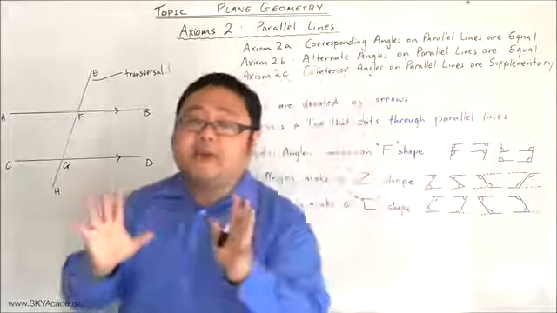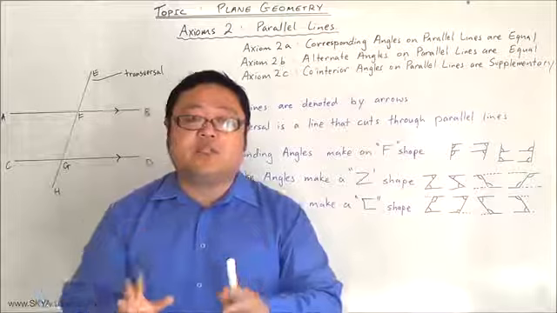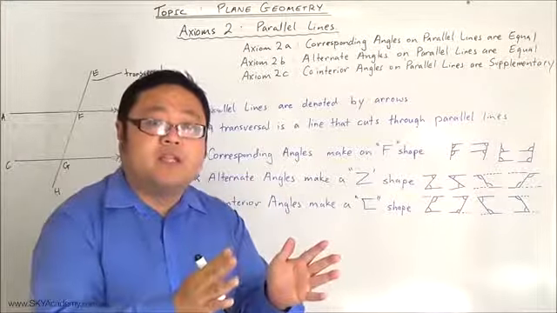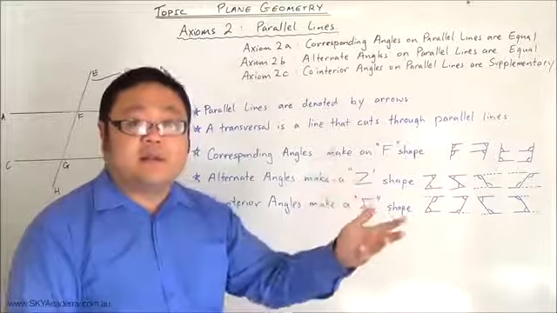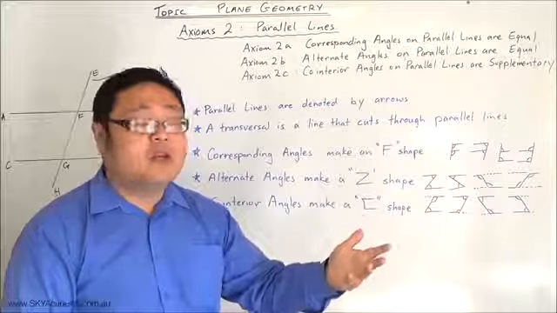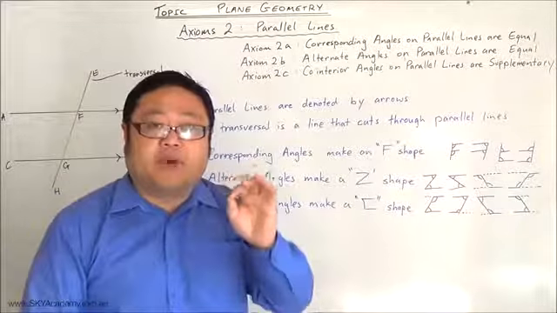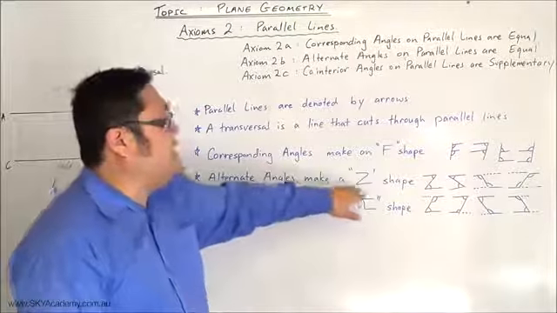So you need to be able to recognize corresponding angles. And once you know that those corresponding angles sit on parallel lines, you can use this axiom to say that corresponding angles on parallel lines are equal. You can do the same thing for alternate angles, but you need to be able to recognize what alternate angles are. Alternate angles make a Z shape.